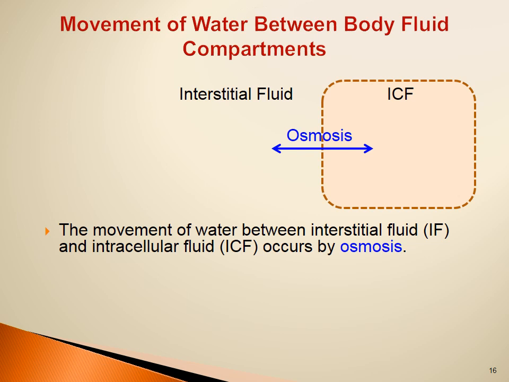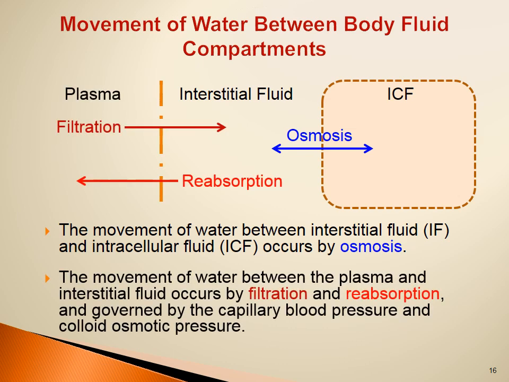The movement of water between the interstitial fluid and the intracellular fluid occurs by osmosis, while the movement of water between the plasma and the interstitial fluid across the capillary membrane happens by filtration, which is the movement of water from the plasma to the interstitium, and reabsorption, which is the movement of water in the opposite direction, from the interstitial fluid back to the plasma.